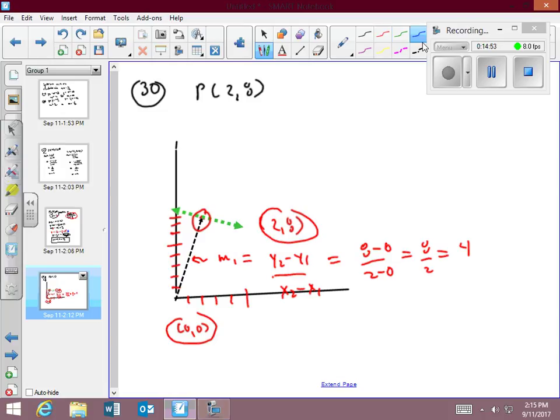So with that information, can we calculate the slope of this line? It's perpendicular, so if the slope of this line right here is 4, then the slope of that green line has to equal negative 1/4.